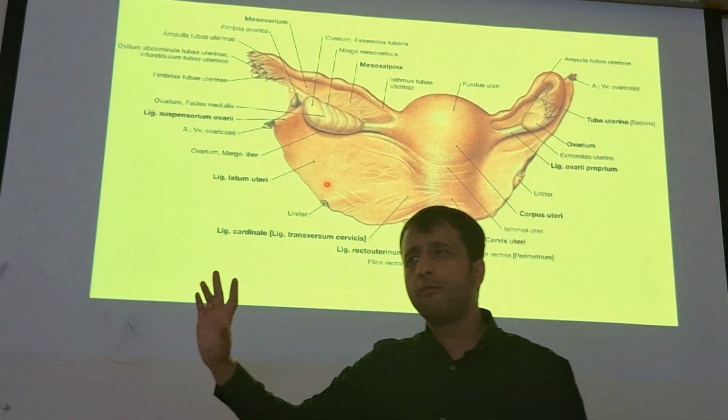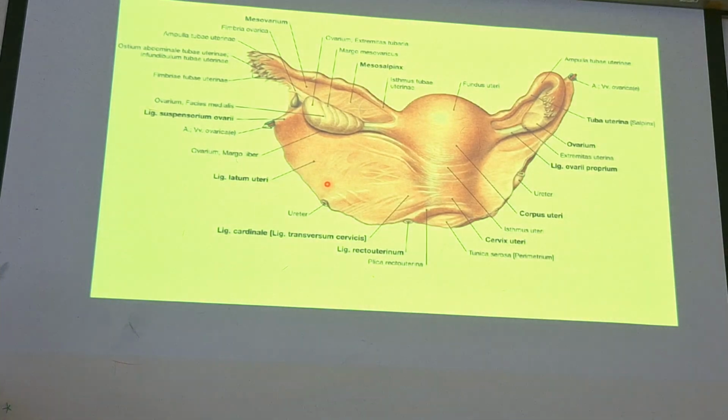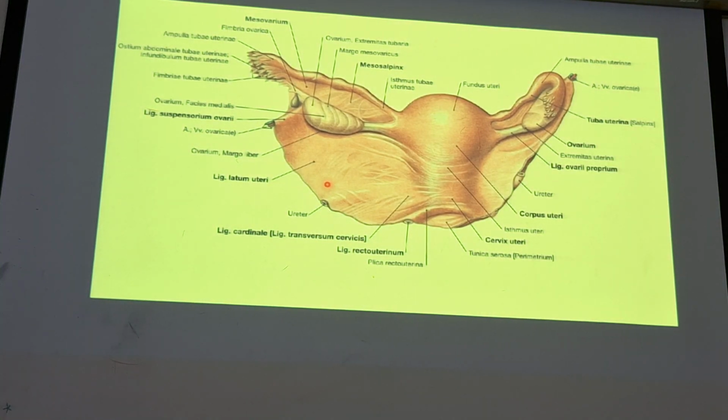What is the function of the broad ligament? Which structures are located in the broad ligament? The uterus, the fallopian tubes, and the vessels. Not the ovary; the ovary is not located in the depths of the broad ligament.